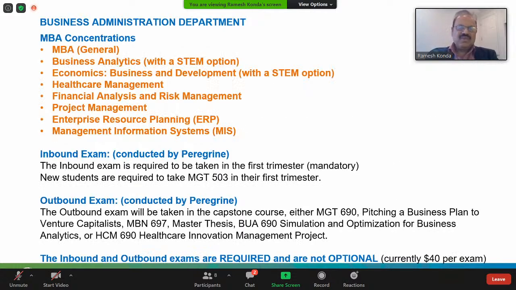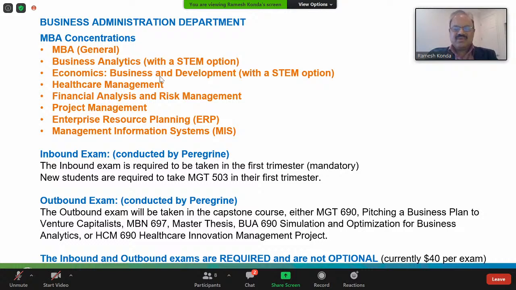We have concentrations along with the general MBA: business analytics with STEM option. And recently, as of a week ago, we introduced economics for business and development.